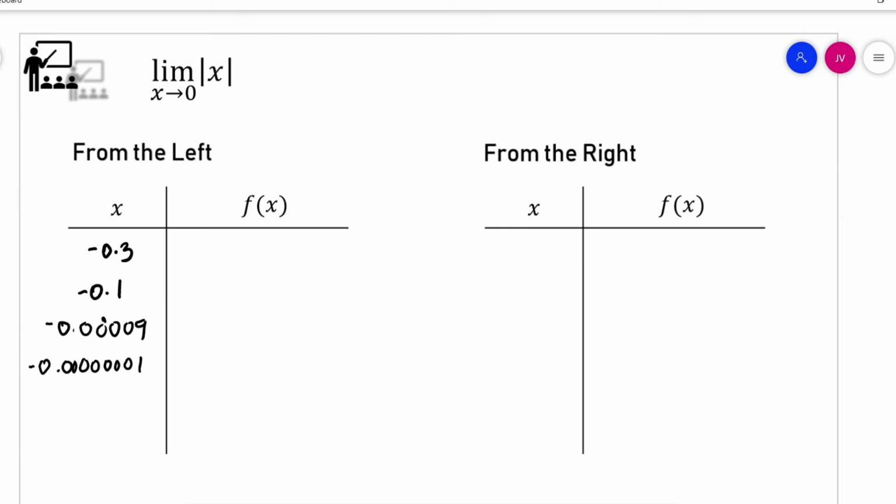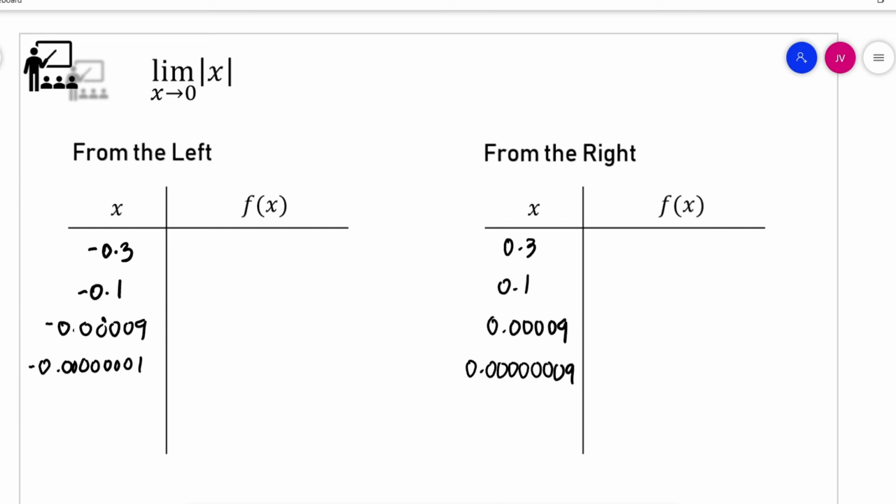Seven. Then on the other side, same lang din, 0.3. Positive naman this time, 0.1, 0.00009, and then you have 0. Ayan. Value of x.